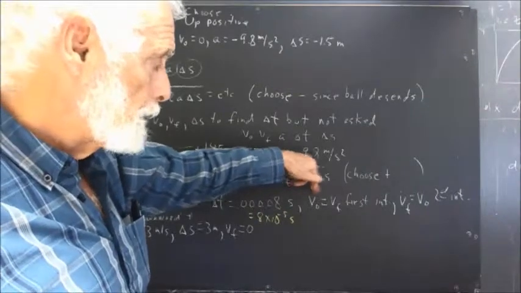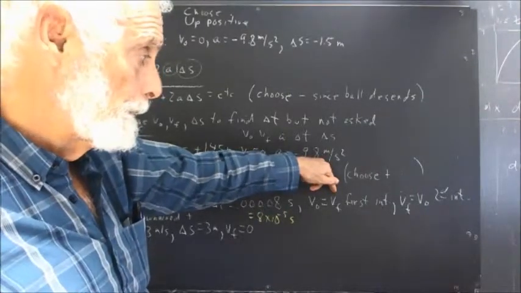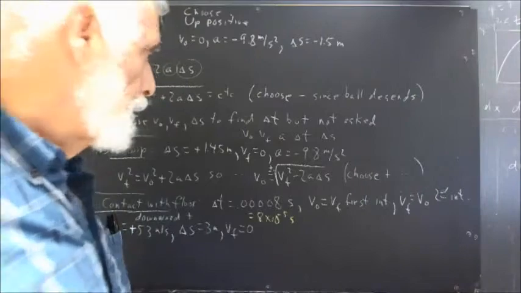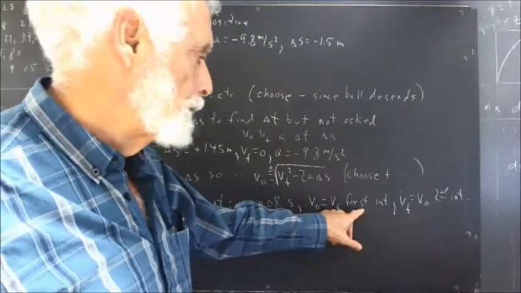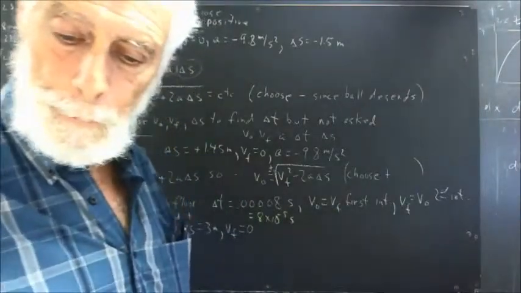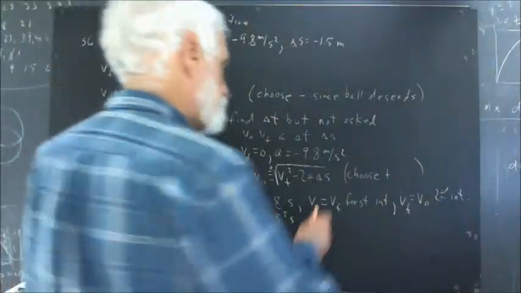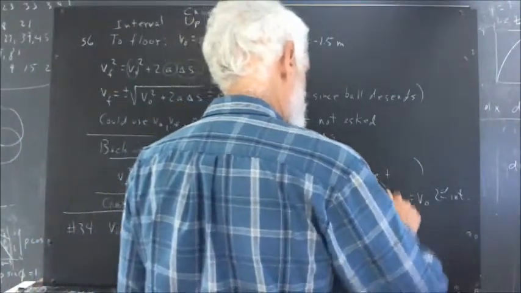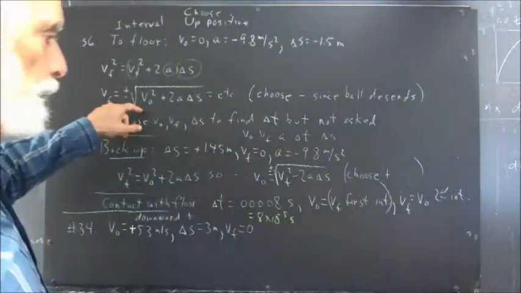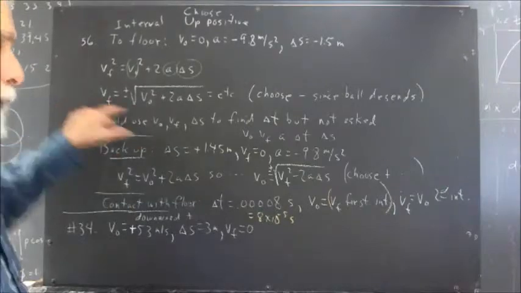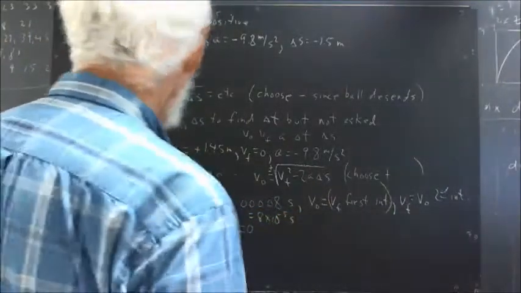what's our initial velocity and what's our final velocity? Okay, well, I say the initial velocity is the final velocity for the first interval. So put parentheses around that. Whatever we found for our final velocity up here will be the initial velocity for this interval.